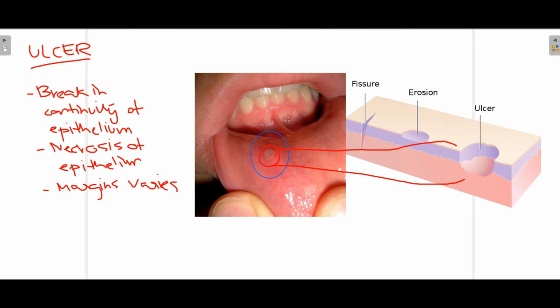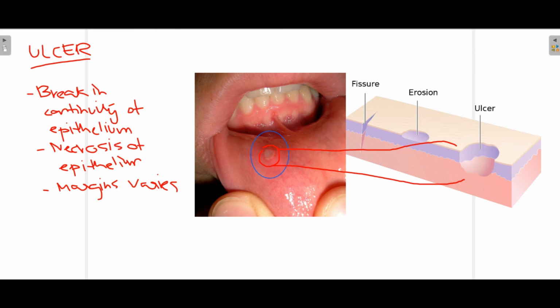So ulcer is a break in the continuity of epithelium, and how does this break occur? This break occurs when there is necrosis of the epithelium. When epithelium is necrosed, a gap is formed. Now, when you describe ulcer in more detail, the margins vary, and these margins tell us how the ulcer might have formed.